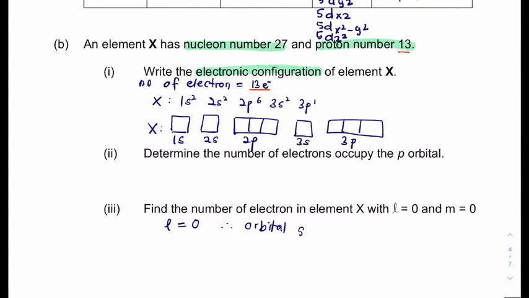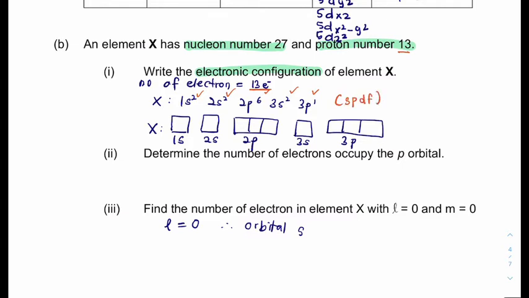So kita akan cakap dia adalah neutral atom lah. Okay, so you kena buat daripada lowest energy orbital follow Aufbau. So you akan dapat 1s2, 2s2, 2p6, 3s2 and 3p1. Okay, so yang ini kita akan namakan dia sebagai SPDF notation.